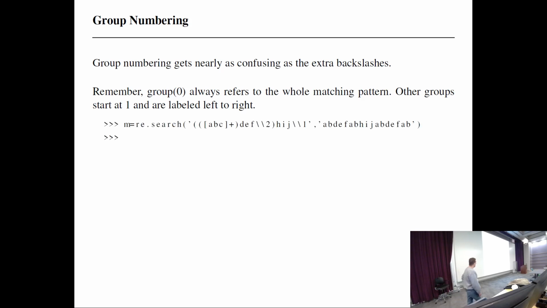So here is another pattern matching experience. I have any number of A, B, or C's, that's group 1, followed by a D, E, F, followed by the same thing that matched group 2. Well, what's group 2? Group 1 is that first parentheses. Group 2 is the ABC plus.